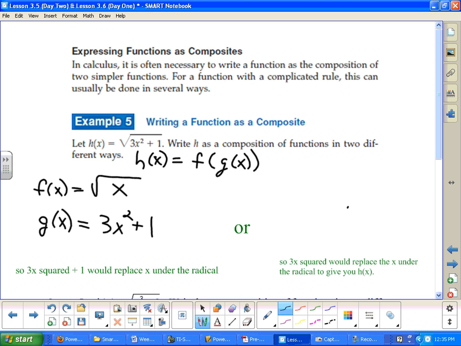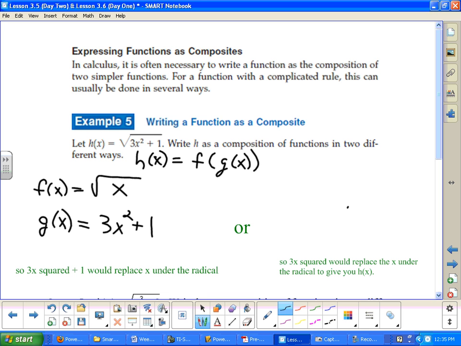We could let f of x be the square root of x, and then g of x could be 3x squared plus 1. So if I did the composite of them, the 3x squared plus 1 would replace the x, and I would have the square root of 3x squared plus 1. They aren't necessarily dependent on who the individual is, but they could be.